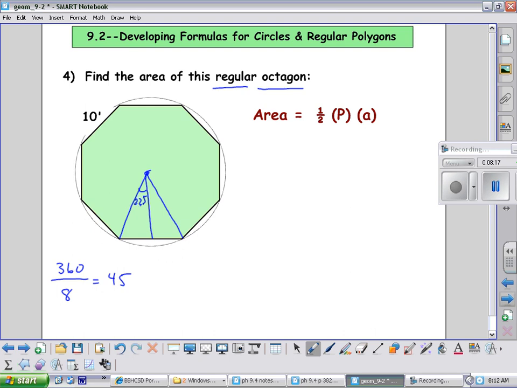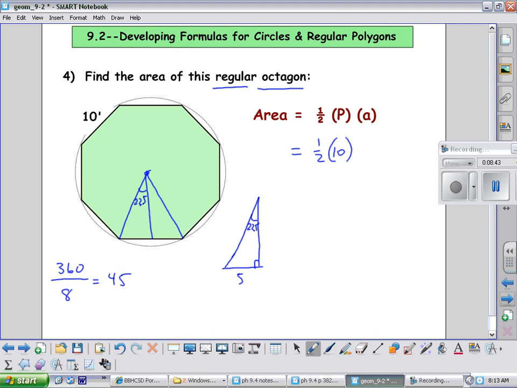Okay, so now let's see. What do I know? So the perimeter is 80, right? 8 sides of 10. And the apothem we need to figure out is, again, we'll kind of blow up this triangle here. So this is 5, right angle, 22.5.